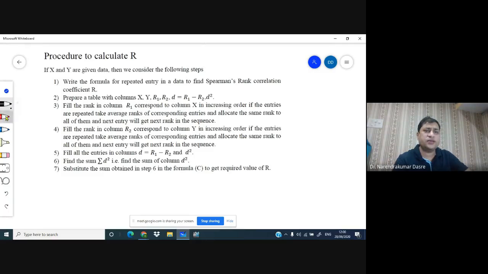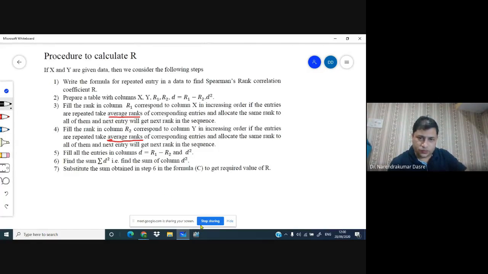Once we calculate average ranks, we can calculate the remaining table as we did in the previous case. The only thing that we need to understand is average rank. This is the additional thing that we need to understand, or else everything is the same as in the previous case.